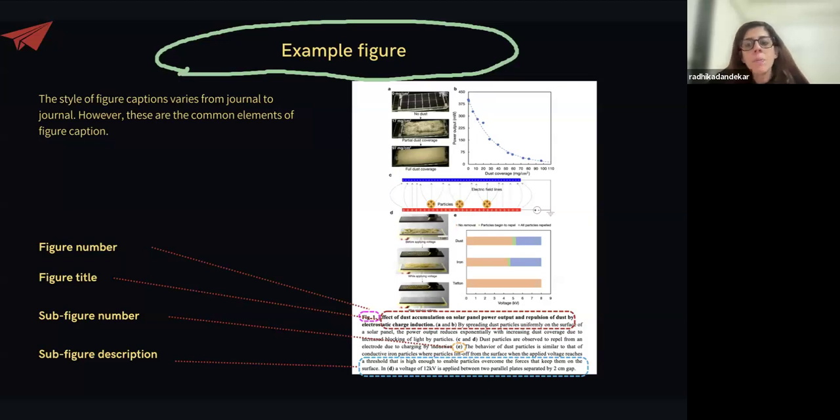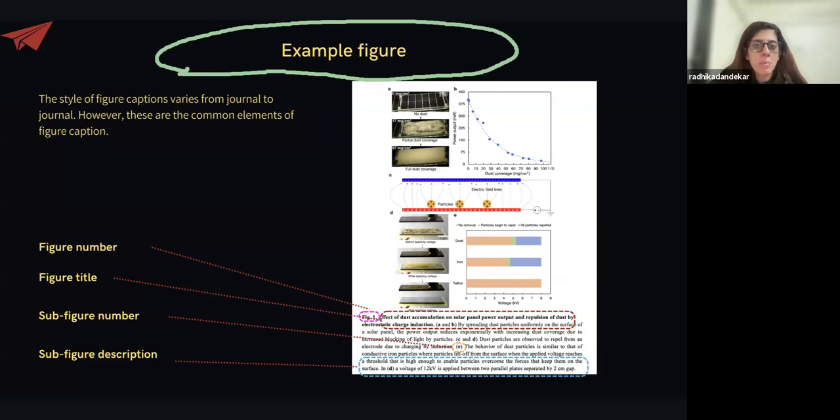This is an example figure that I want to talk to you about, which is so beautifully created and has all the elements, and it's so beautifully described as well. The sub figures are labeled, and there's extremely correct use of font size and font colors. There's a figure number, a figure title, a sub figure number, and a sub figure description also. This is how your figure should be.